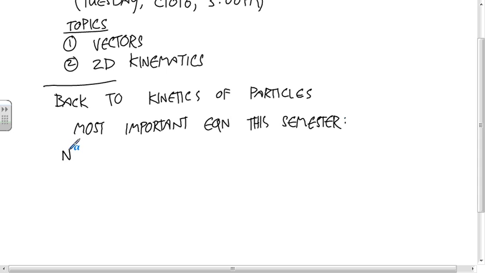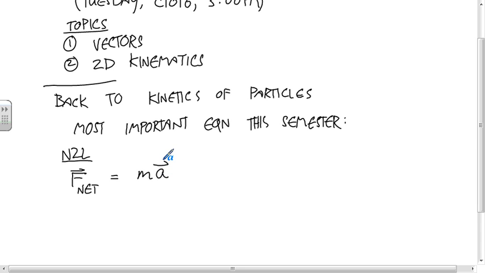And that is Newton's second law. And Newton's second law says the net force vector is equal to the mass times the acceleration.